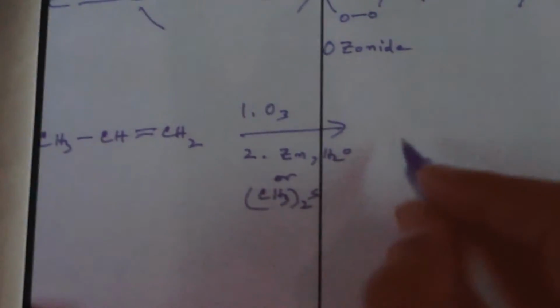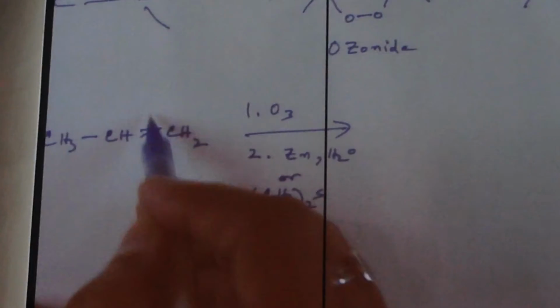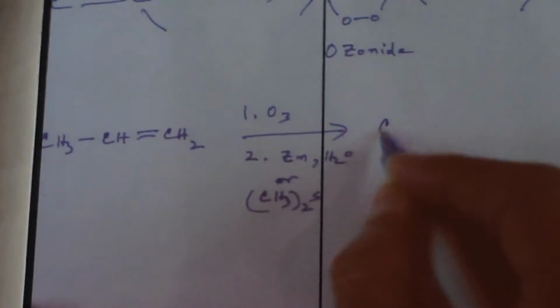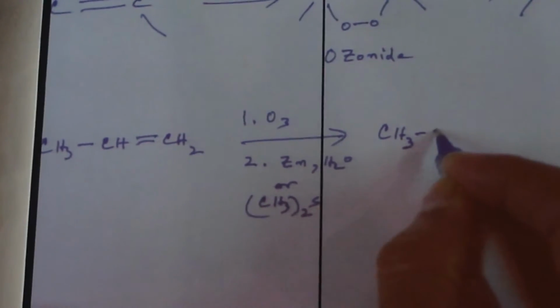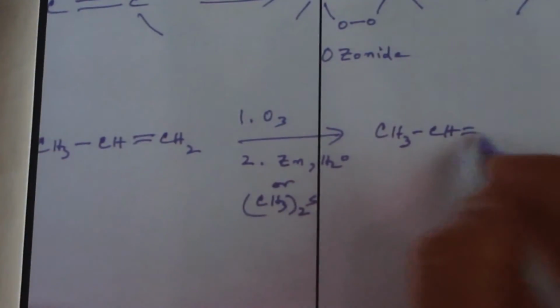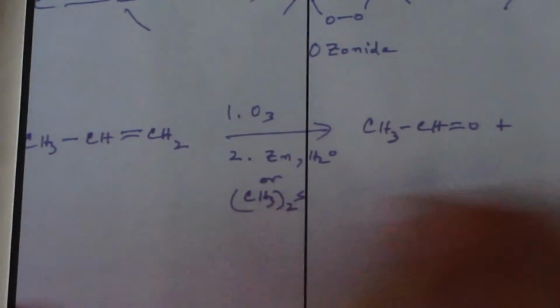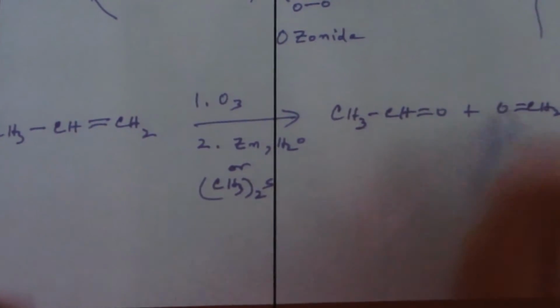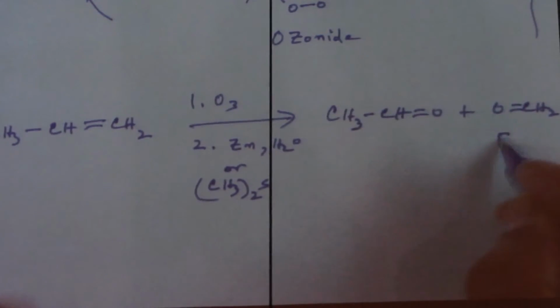And by doing that, you would break the bond between these carbons and generate two carbonyl compounds. So CH3CHO plus CH2O. This is formaldehyde.